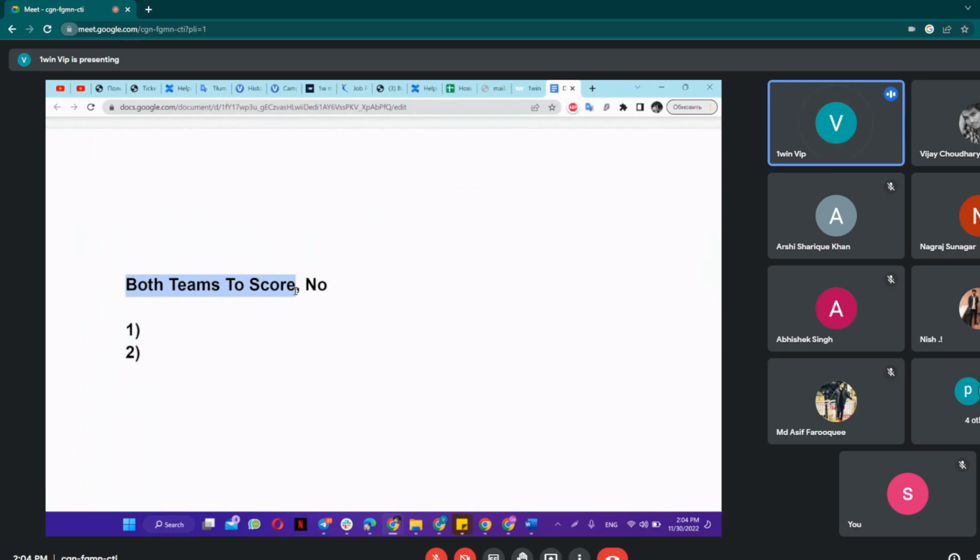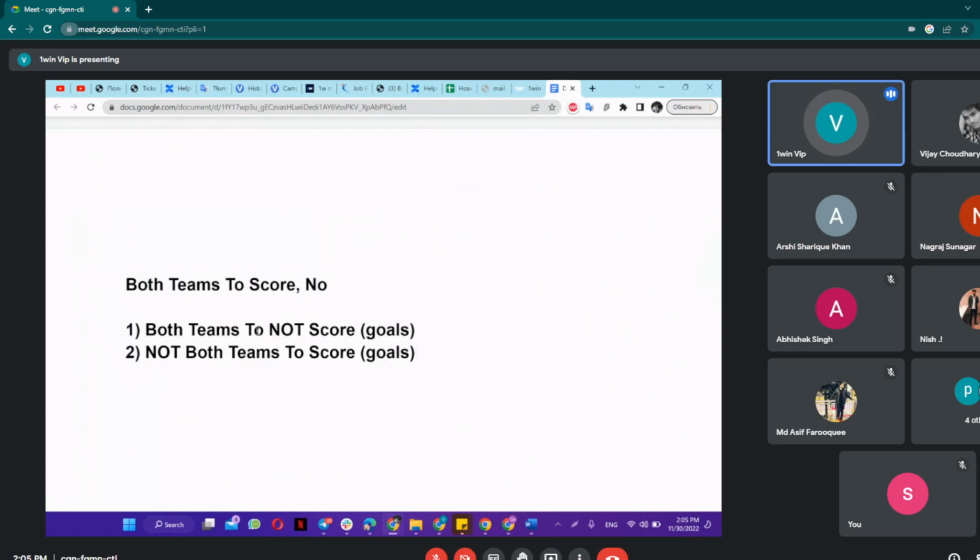We can place this no into two different parts of the sentence. So it could be both teams to not score goals or not both teams to score goals. It's two different ways to understand the same bet.